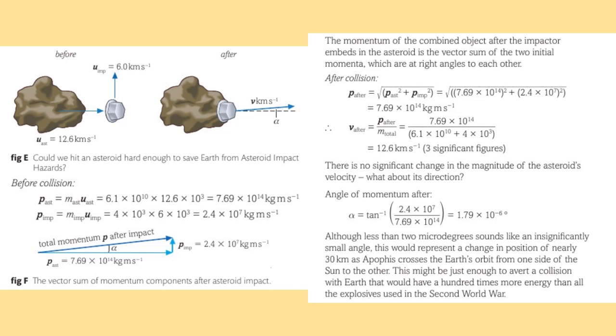To do that, you do tan to the -1 of the magnitudes of those momentums, and you find you have a change in the angle of 1.79 times 10 to the -6 degrees. That's 1.79 microdegrees. Again, super, super tiny. And if we did this close to Earth, we'd all be toast. It would hit us all and we'd all be like the dinosaurs, completely extinct.